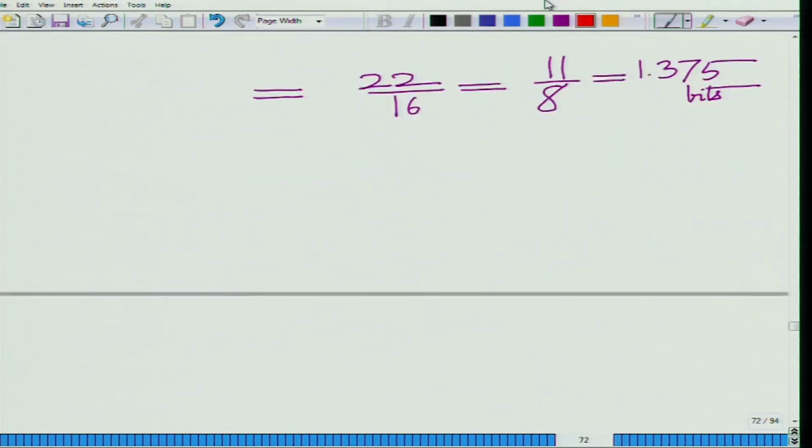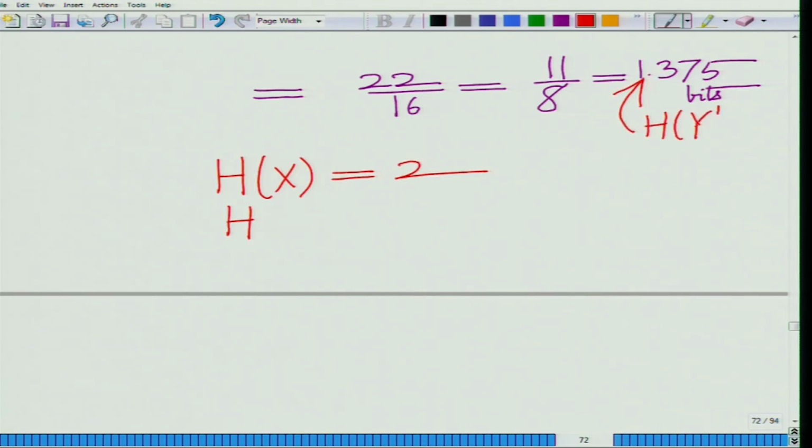And now, if you remember, this quantity is h of y given x. All the symbols of x have uniform probability 1 over 4.